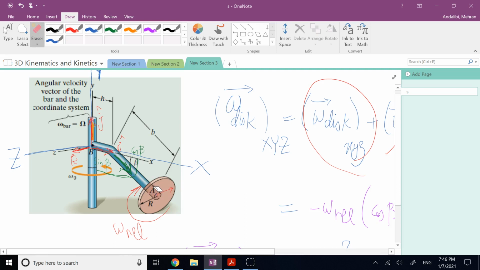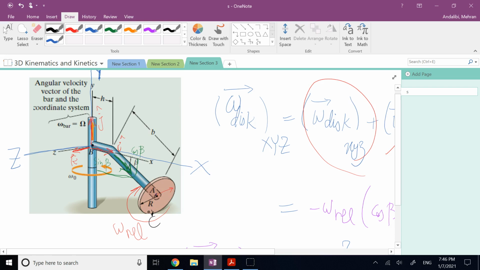I am going to consider a point, so this point is A, and I consider a contact point here, let me call it C. And then I'll relate velocity of C to A, okay?